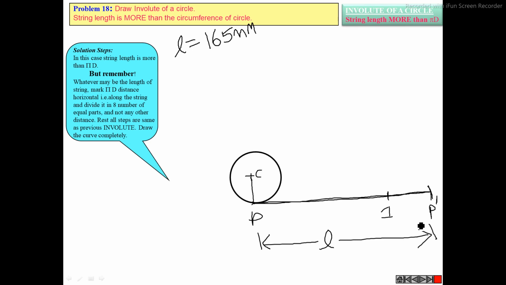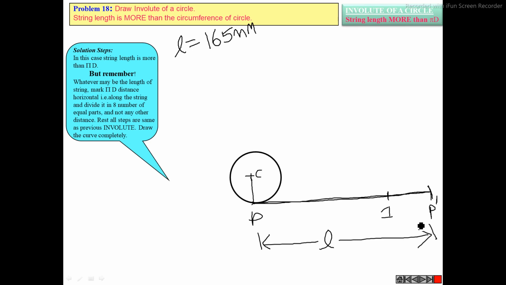From point P till point 1, I can wrap the wire completely. How much portion of wrapping is left? 1 P dash portion is left. That means P1 is my circumferential length of the circle, that is 2 pi r. Correct?